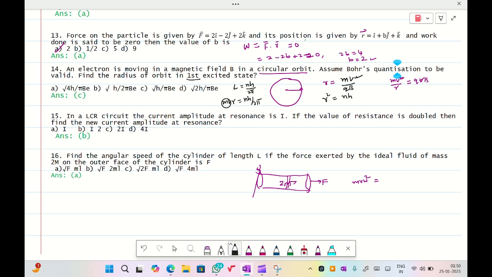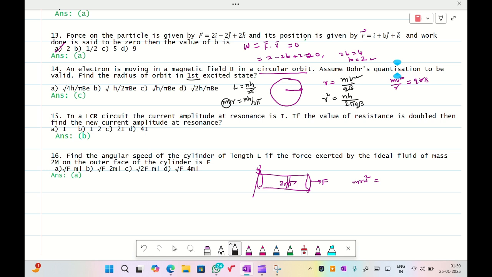First excited state means n is equal to 1, where n is the quantum number, that is the orbital number. So substitute n is equal to 1 only. r square is equal to nh by 2 pi qb.